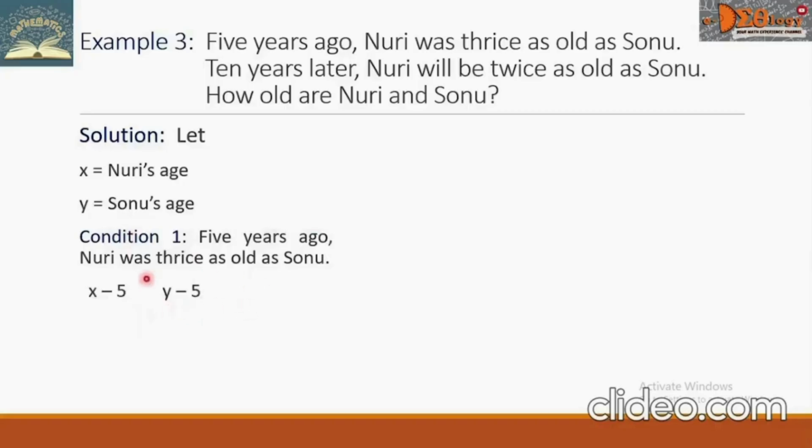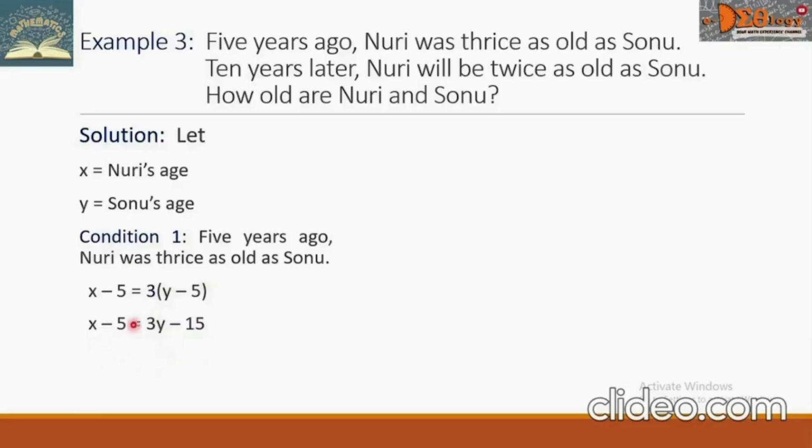And it says, Nuri was thrice as old as Sonu. So to balance this, we will multiply 3 to Nuri's age. Then let us simplify the right side. 3 times y is 3y. 3 times negative 5 is negative 15. From here, we transpose 3y to the left.